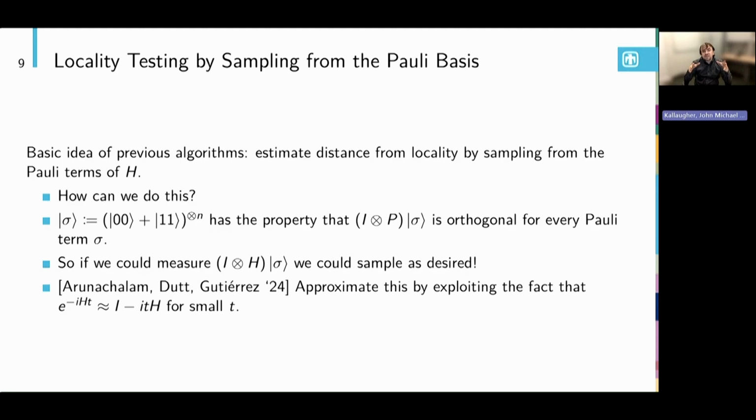But what's been done in previous work is they've approximated being able to do this by exploiting the fact that the time evolution e to the minus iHt is approximately I minus iHt as long as t is small enough. This is just the first order approximation of the complex exponential.